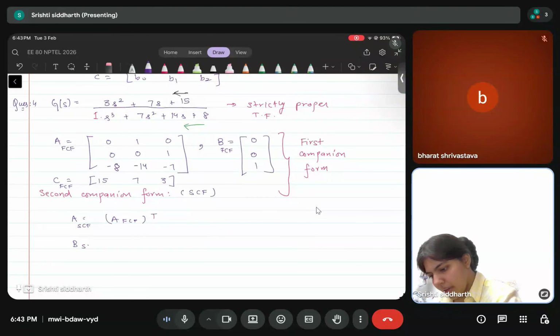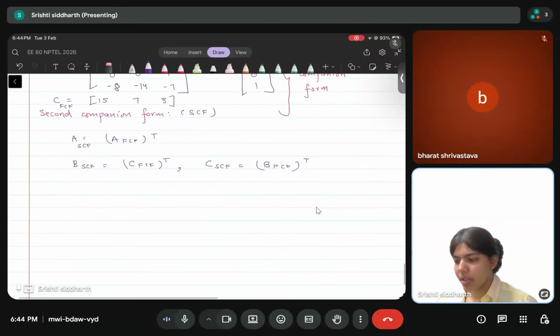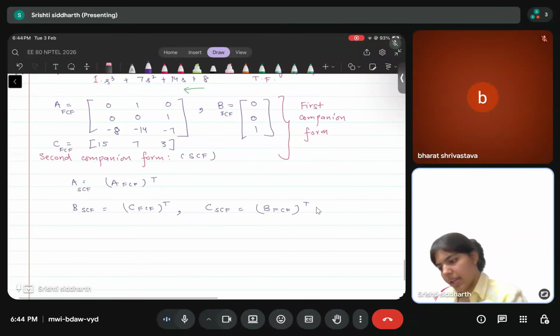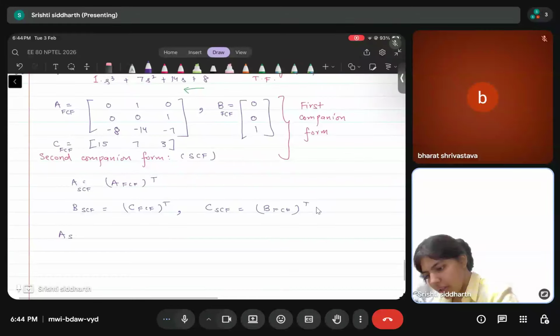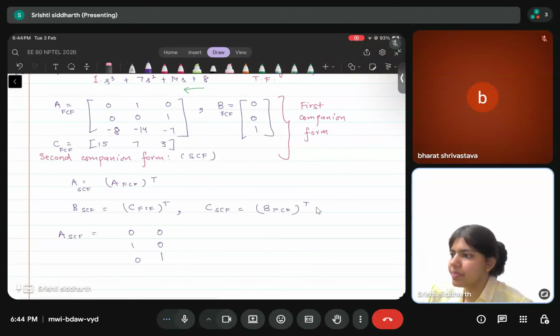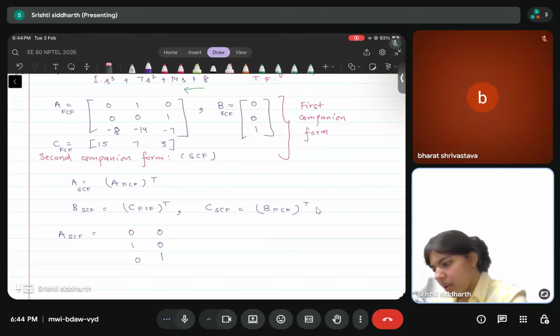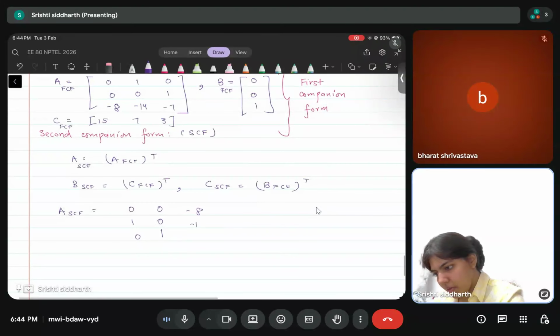Then B in the second companion form is the transpose of C of the FCF. Similarly, C in the second companion form is the transpose of B of the FCF. So let's write the transfer function in the second companion form. This is simply 0, 1, 0, 0, 0, 1, minus 8, minus 14, minus 7.